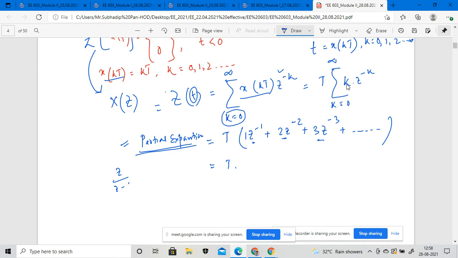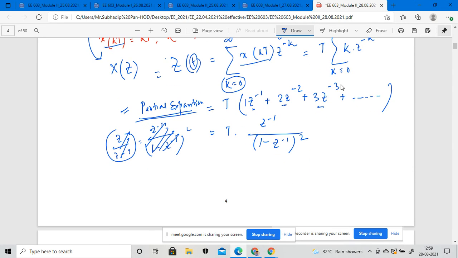If I consider z to the power minus 1, then it comes z to the power minus 1 divided by 1 minus z to the power minus 1, whole square. If we simplify this equation according to the Z transformation method, it comes T into z to the power minus 1 into 1 minus z inverse, whole square, right?